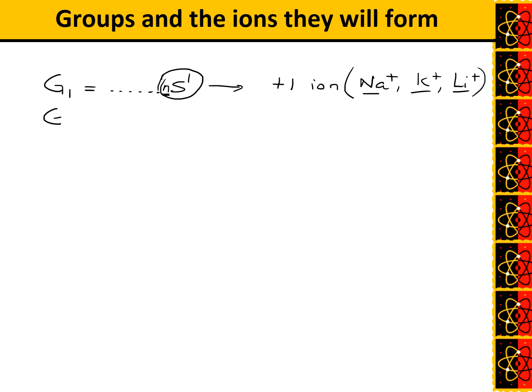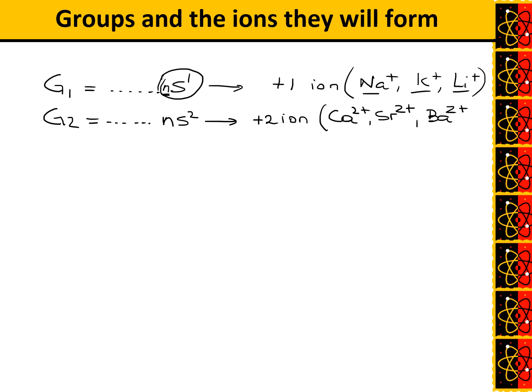If they are in group 2, they are going to have the electronic configuration that ends in N, where N is the period, S2. So they are going to form the +2 ion, like calcium, that forms the 2+ ion, or strontium, Sr, that forms the 2+ ion, or barium, that forms the 2+ ion.